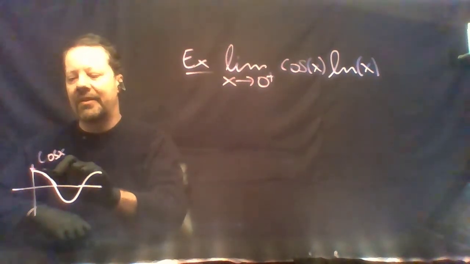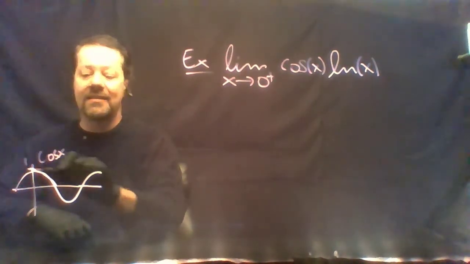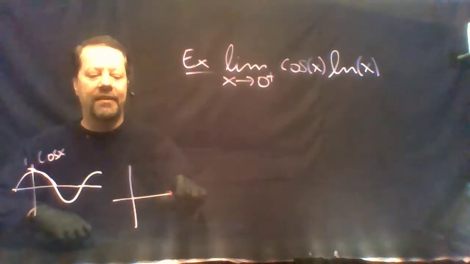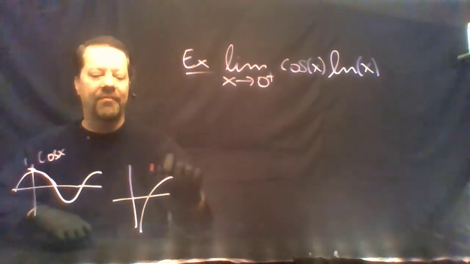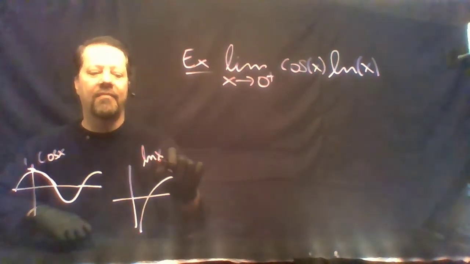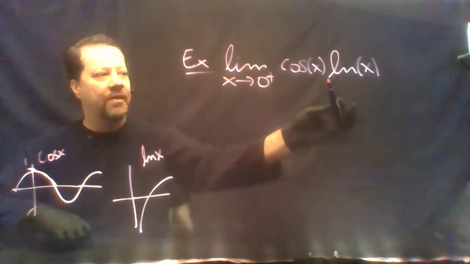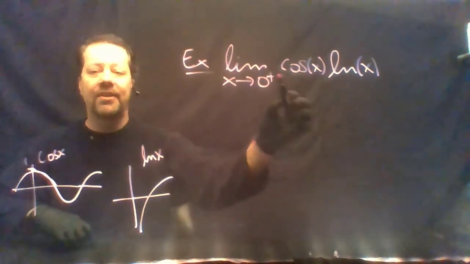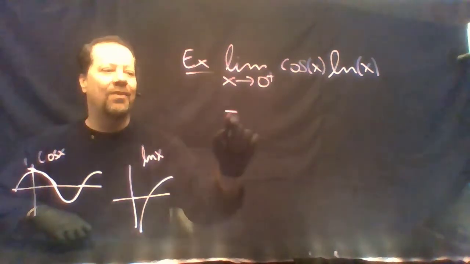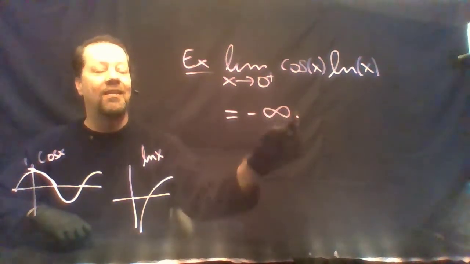As you go to 0, it goes to 1 from both sides. Log, on the other hand, goes to minus infinity. So log is going to minus infinity and cosine is going to 1. The whole thing goes to minus infinity.